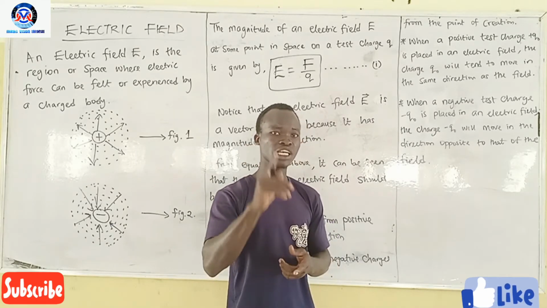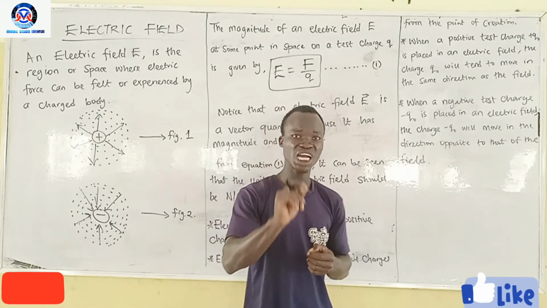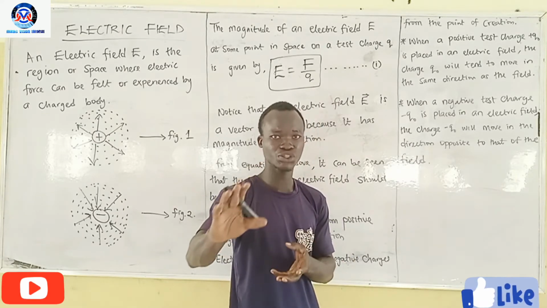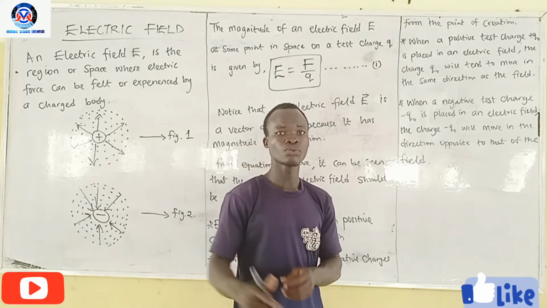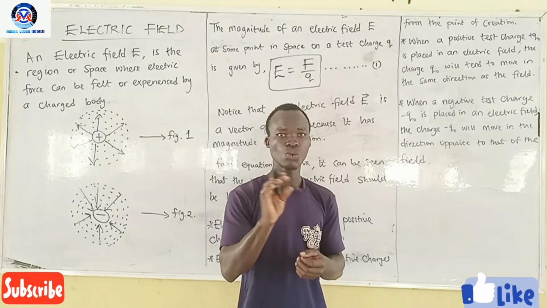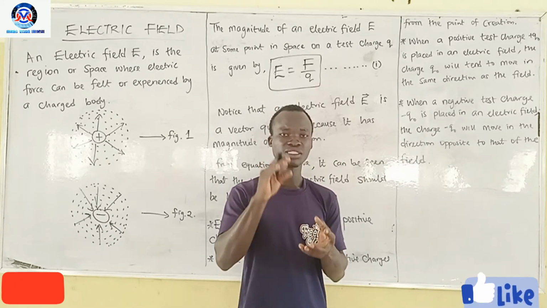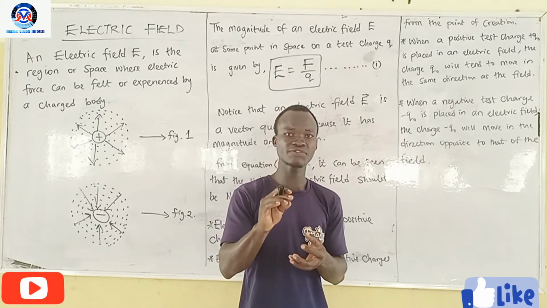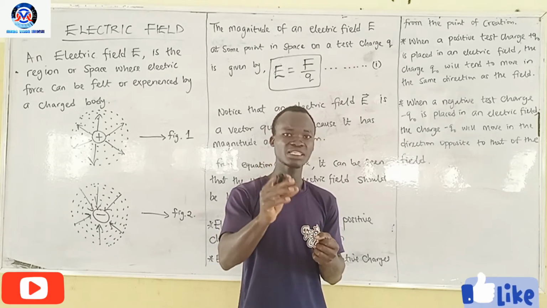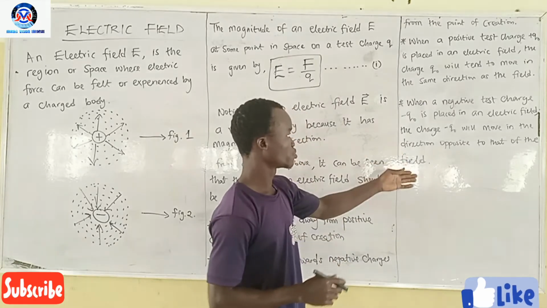The charge will move in the same direction as that of the electric field. But when a negative charge is thrown into an electric field, the negative charge will tend to move in the direction opposite to the electric field.